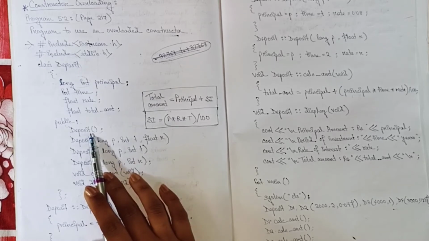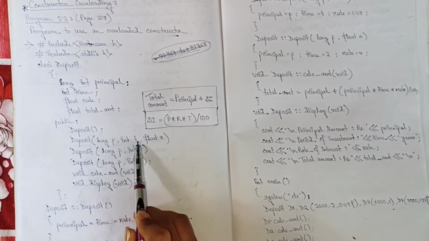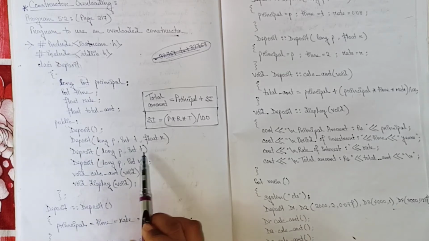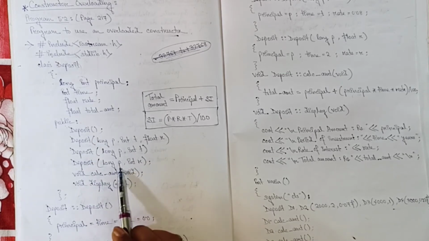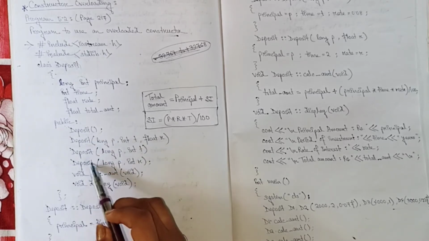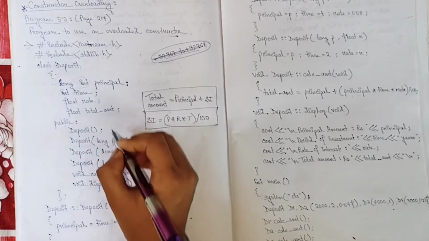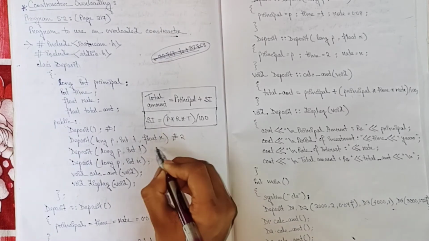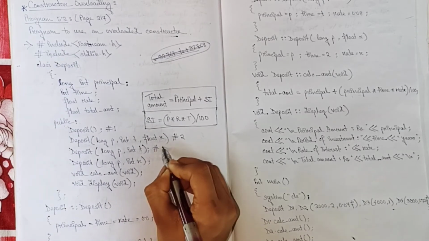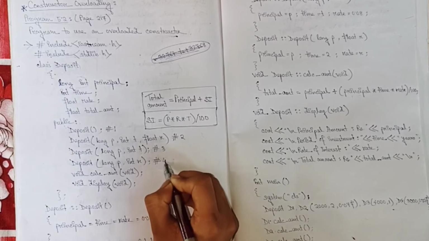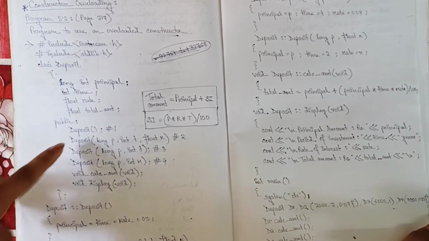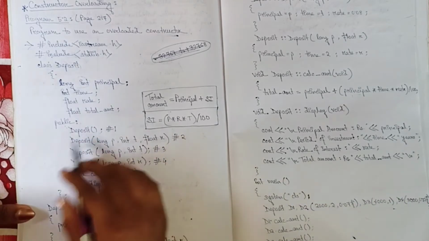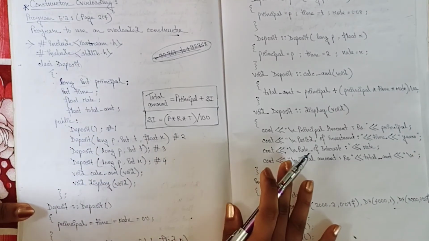First we have used the default constructor, then a parameterized constructor with 3 parameters, then a parameterized constructor with 2 parameters, then another parameterized constructor with 2 parameters. So these are the 4 types of constructor that we have defined. This is number 1, this is number 2, this is number 3, and this is number 4. The forms of every constructor are different, so this is the case where the overloaded constructor lies.